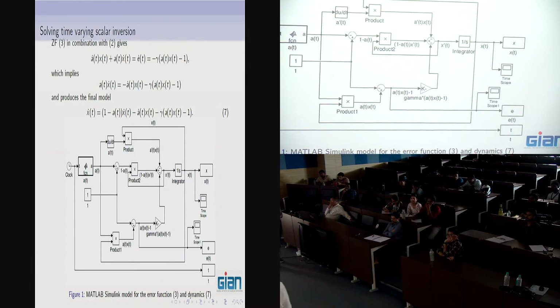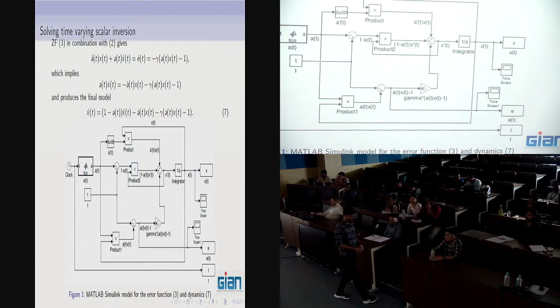Finally, we can put here only A of t and use our command line to define A of t. I think our first example will have the definition A of t equals sine of 3t plus 1.